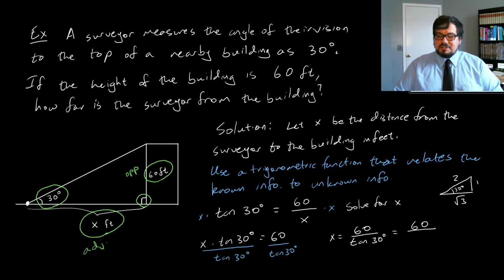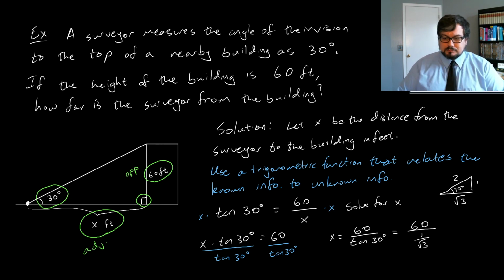I see that tangent is 1 over square root of 3. So x is 60 over 1 over square root of 3. To simplify that, we flip and multiply, because that's a complex fraction. So we get 60 times the square root of 3 over 1. And so x is equal to 60 times the square root of 3 feet.